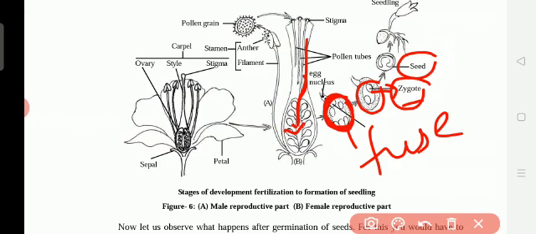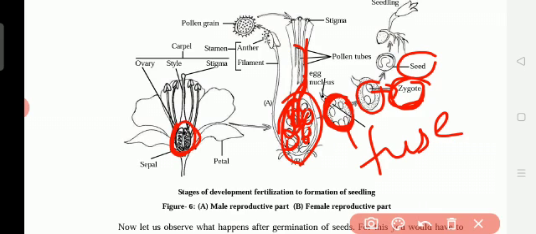This ovary outside will develop as a fruit, and inside the ovary the ovum, the egg, is present. This egg will change into a seed only after meeting the pollen grain, after fertilization, after becoming a zygote. And this ovary becomes the fruit.